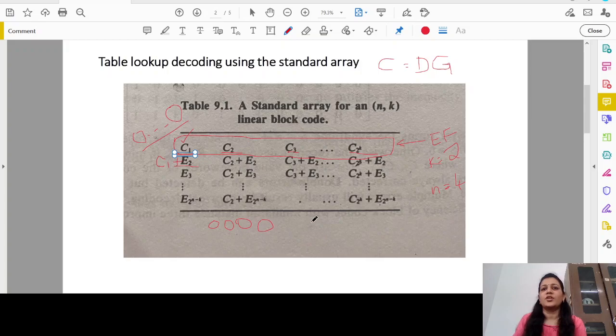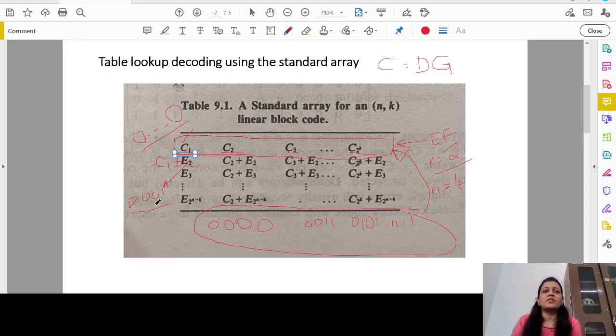I am taking these k and n values randomly. So C1 would be all zeros, C2 could be 0 0 1 1, C3 could be 0 1 0 1, and C4 could be all ones. Corresponding to 2 power k, we get 4 different code words, and they form the first row of my standard array. Now I will choose one error pattern, let it be 0 0 0 1. You can see that this error pattern E2 is not the same as any of these code words.